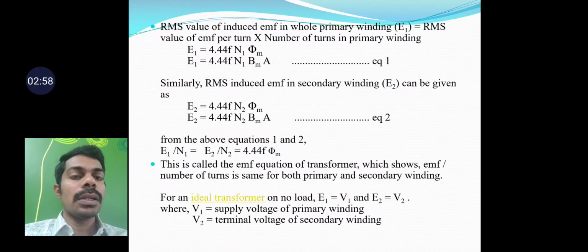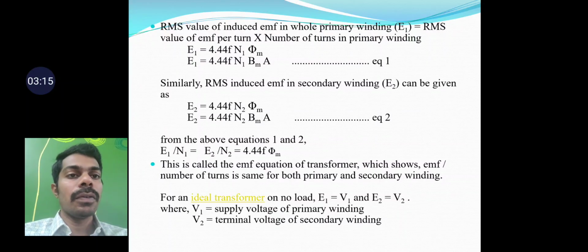So, the equation is written as E1 is equal to 4.44 f into N1 into phi m. We already know that phi m is Bm into A. So, the equation can be rewritten as E1 is equal to 4.44 f N1 Bm into A.